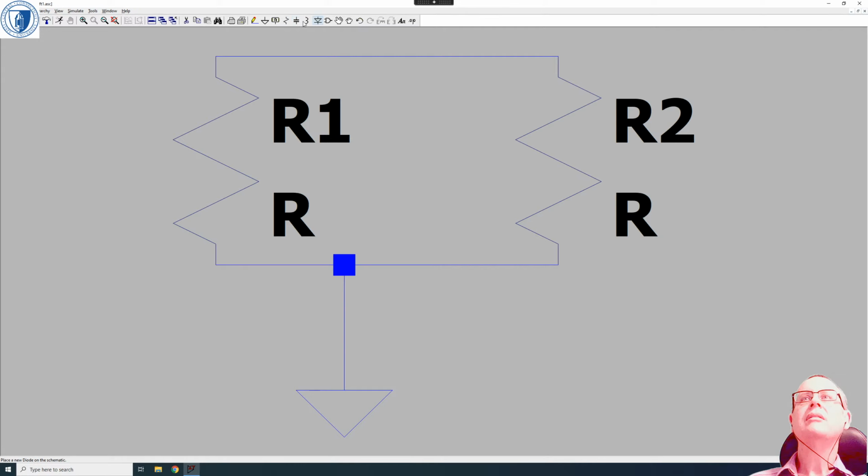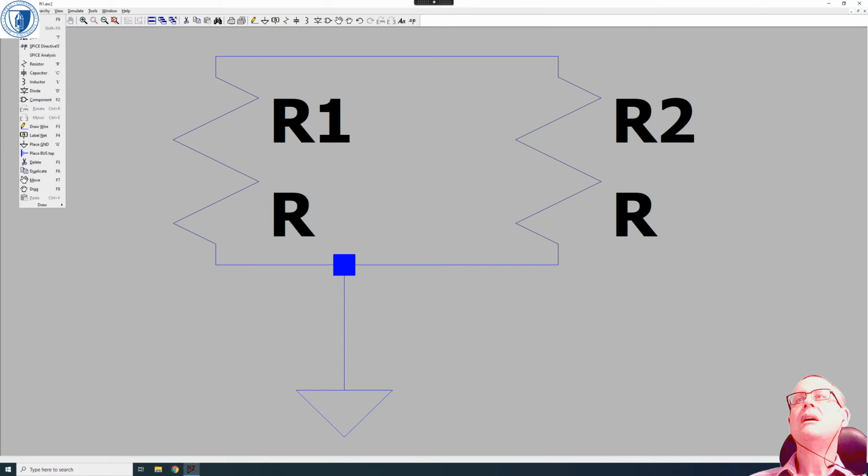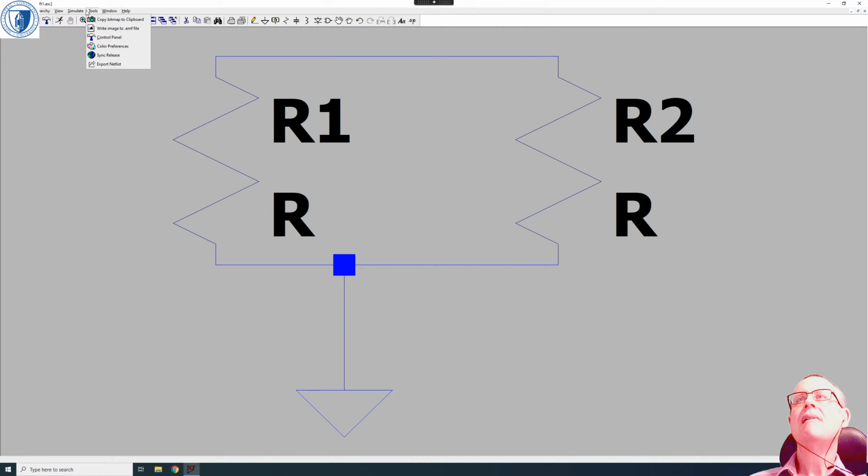I haven't used the Windows version in a while, so let's see if we can put in a new, maybe it's just V, is it voltage?